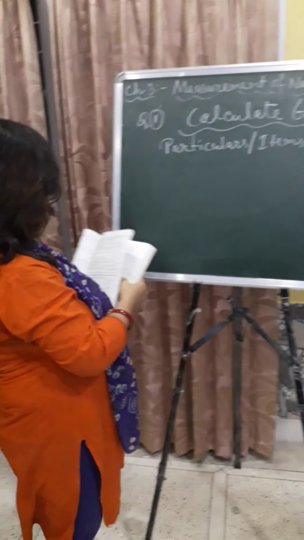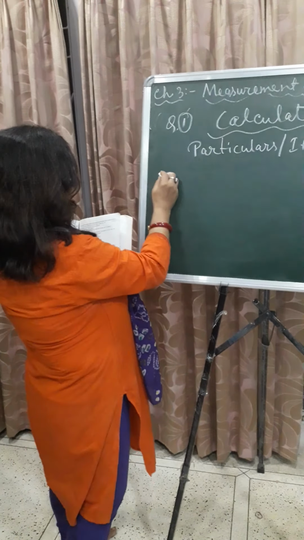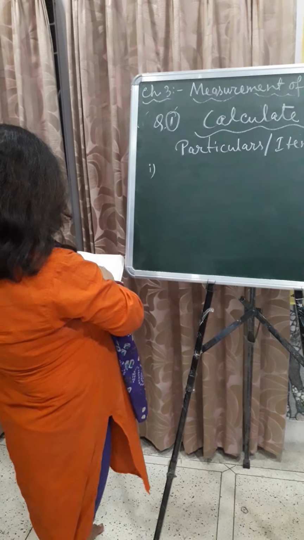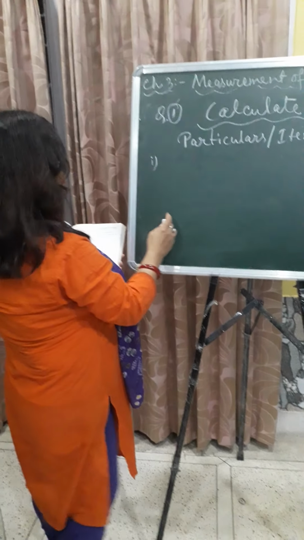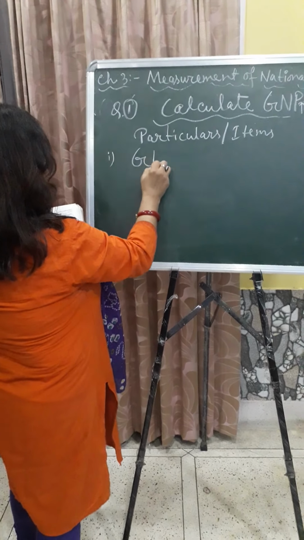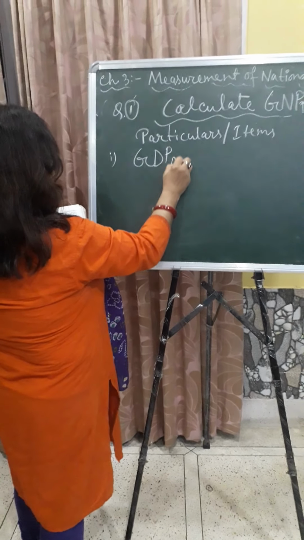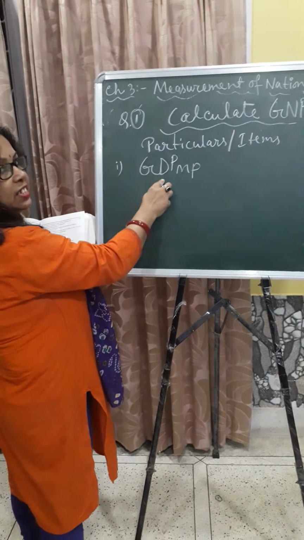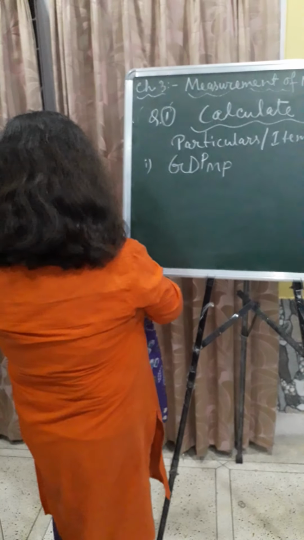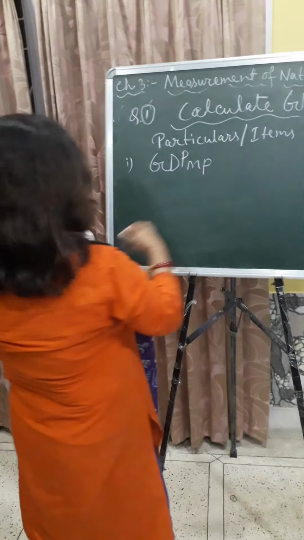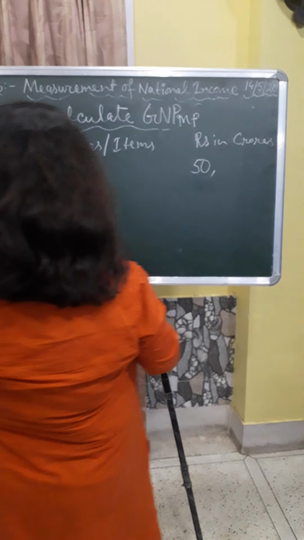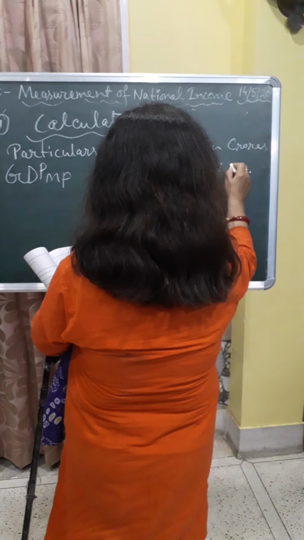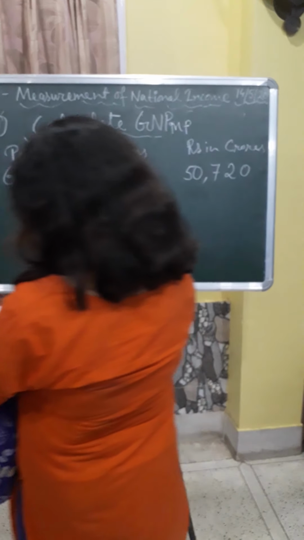There are 2 parts, so one by one you write. Number 1, GDPMP, gross domestic product at market price, the value 5720 crores.